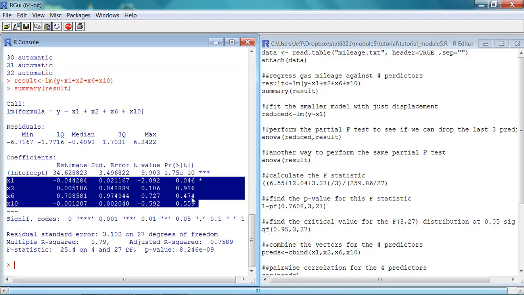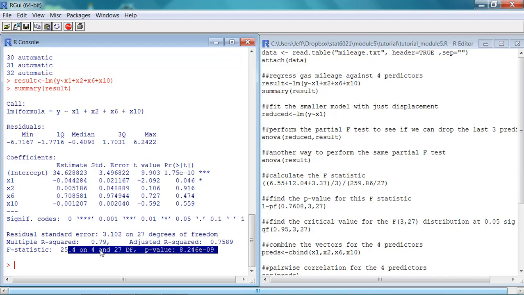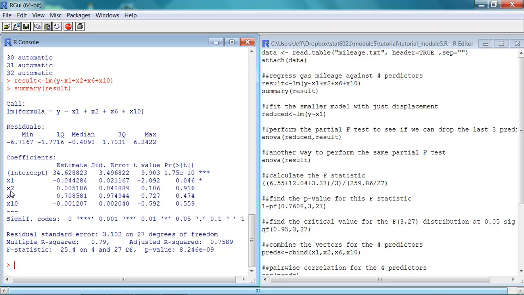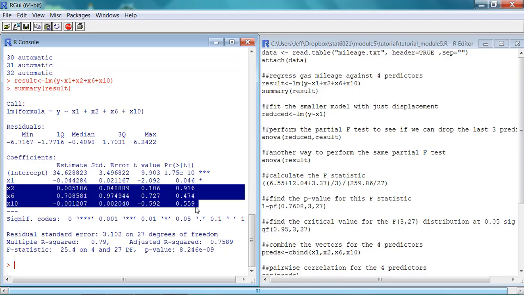That's one sign of multicollinearity. So one thing you might consider doing is, could I drop the last 3 predictors from the model? And you have to carry out a partial F-test. Individually we know we can drop one of them and keep the others in it, but can we drop these 3? So that's where the partial F-test comes in.